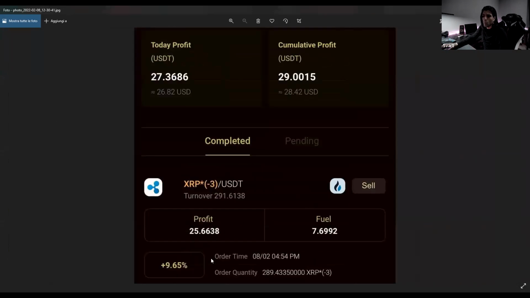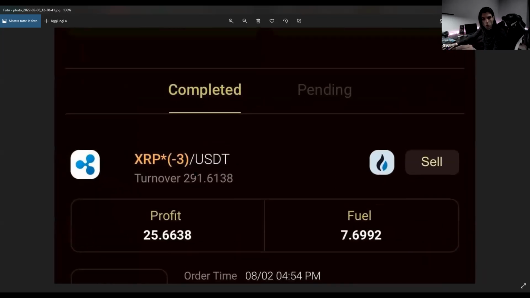And we can also see this is an intermediate strategy. We used almost $300, and we made $25 of profit when the market fell down, because this is a short position. The market went down and we gained the profit. This is fantastic in my opinion.